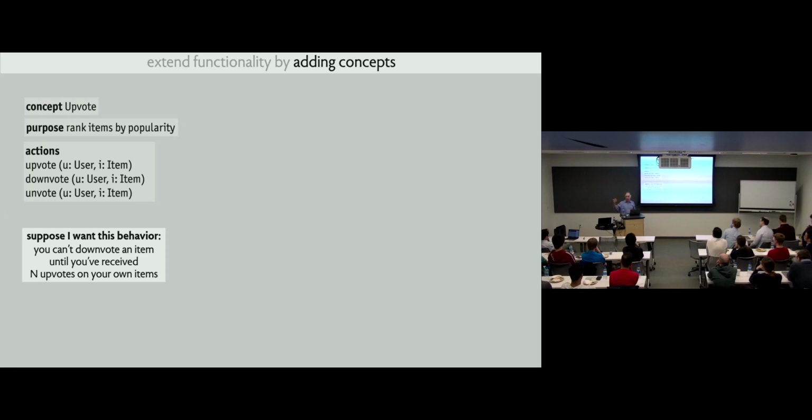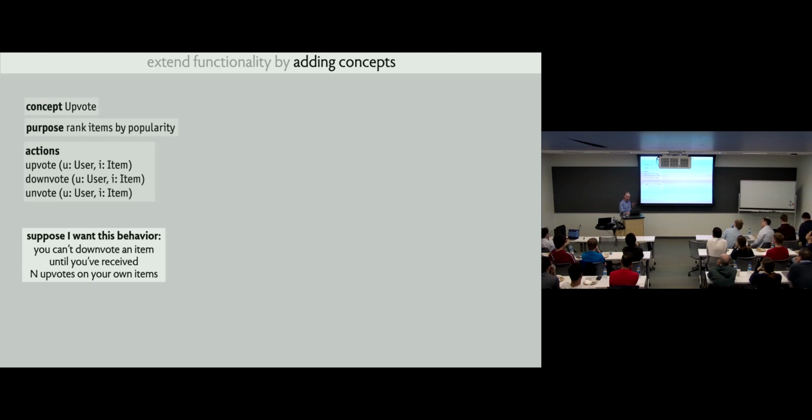First of all, I'm sort of corrupting the upvote concept by particularizing it for my application in a way that makes it non-standard. And secondly, what if I wanted to say you can't downvote an item until you've done some other nice things that aren't related to upvoting? Maybe until you've created your own post. Maybe until you've visited the site 100 times or something like that.